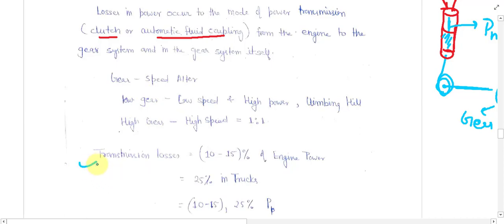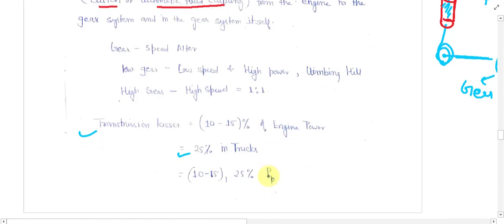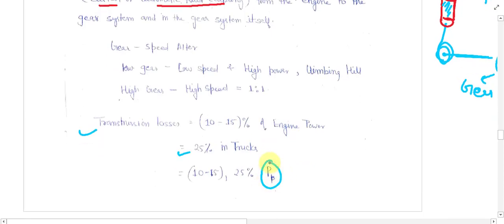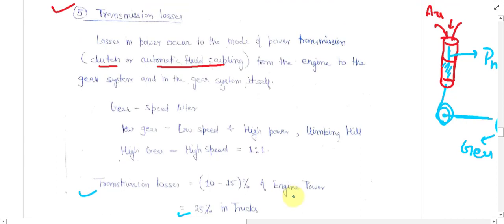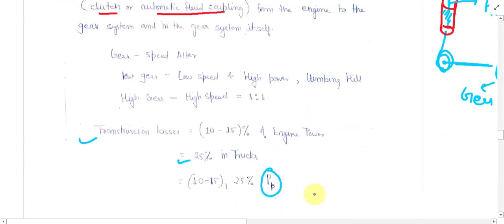Generally, this transmission loss depends on the type of engine and type of transmission system, but we take 25% for trucks and 10 to 15% for other vehicles, and this is denoted by small p.